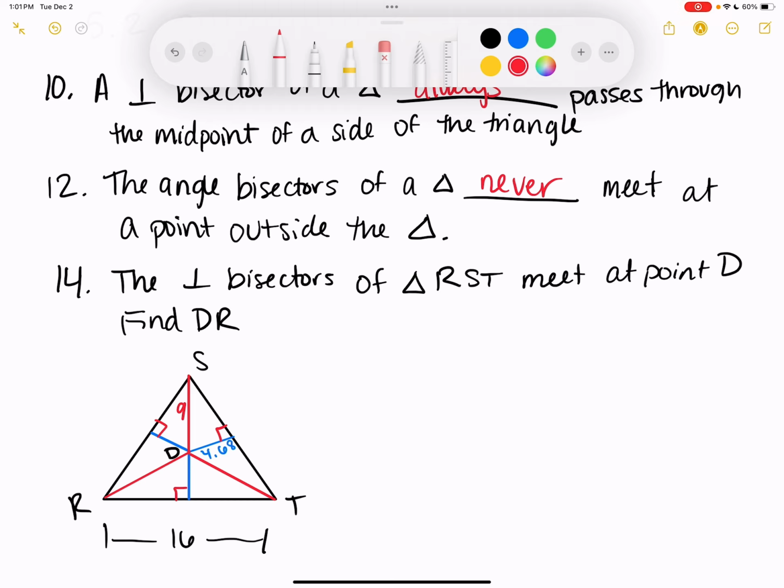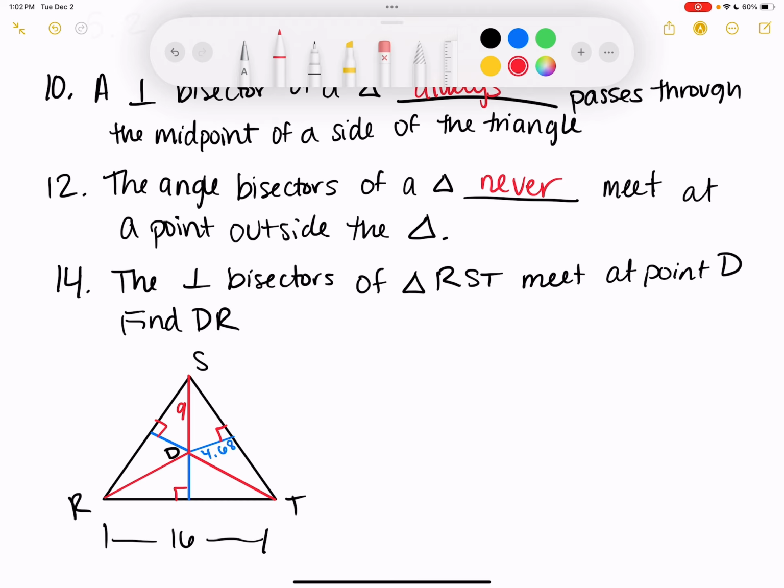So they give us this information here, and they want us to find DR. Any ideas what DR might be equal to? Because all of these are perpendicular.